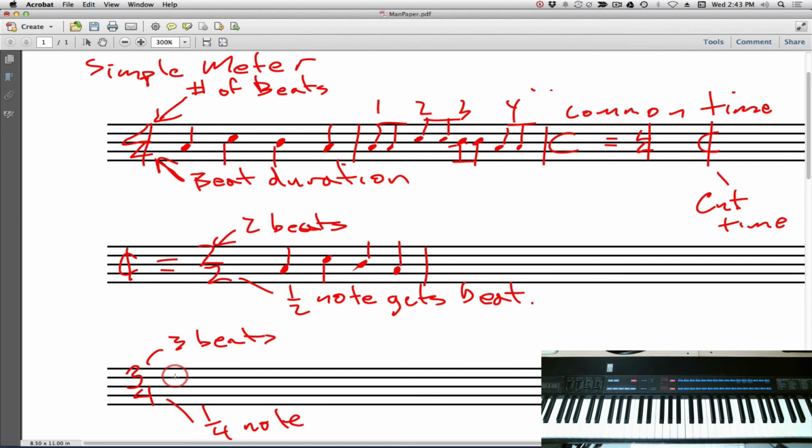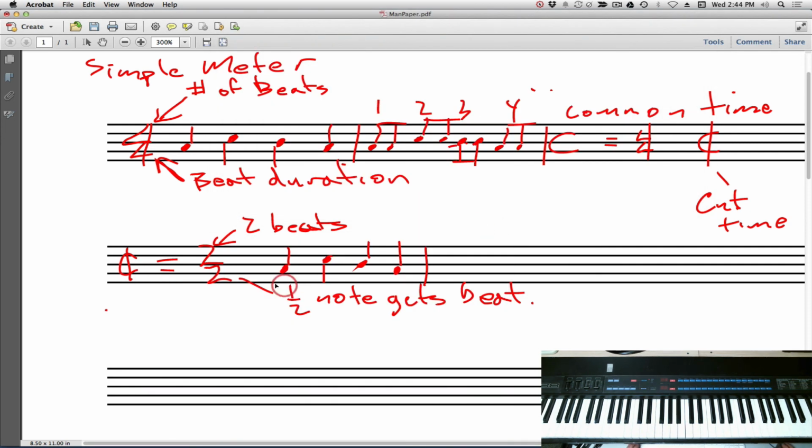Right? So that'd be kind of like a quick 3/4 measure, 3/4 meter, where the pattern repeats in threes. 1, 2, 3, 1, 2, 3. Right? Okay, so that's a triple meter.